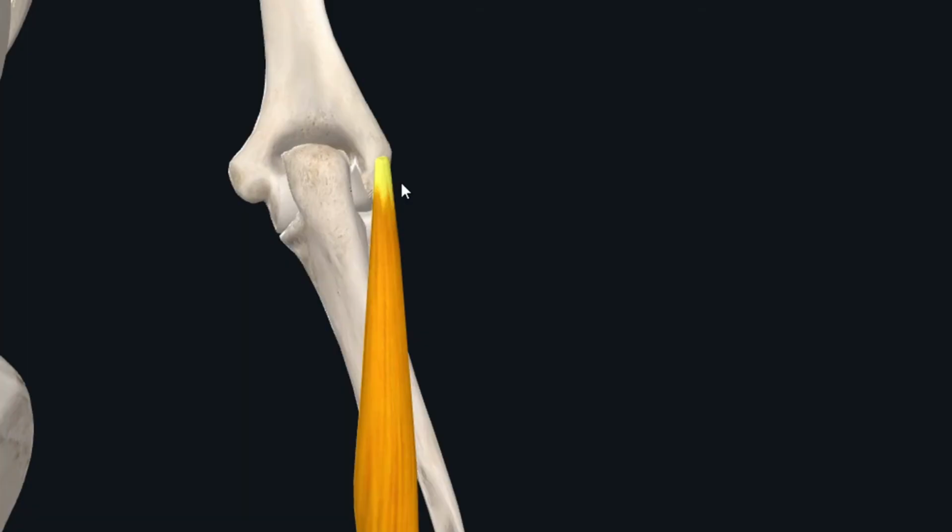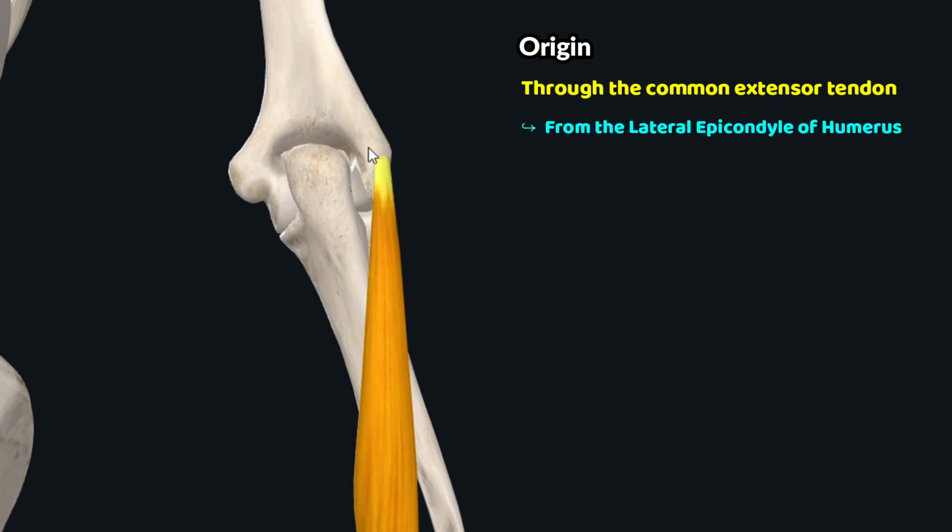So now the fourth muscle of our discussion, the extensor carpi ulnaris. Just like its fellow muscles, the extensor carpi ulnaris muscle originates through the common extensor tendon from the lateral epicondyle of the humerus.